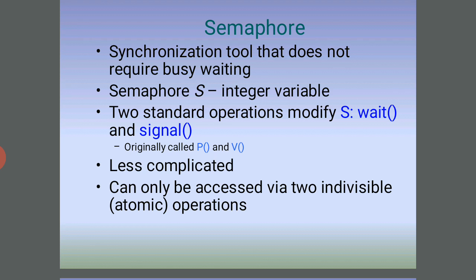The wait operation was originally called P and the signal was originally called V. The wait operation decrements the value of its argument semaphore as soon as it would become non-negative, that is, greater than or equal to 1. The signal operation increments the value of its argument, as long as there is no process blocked on the queue.